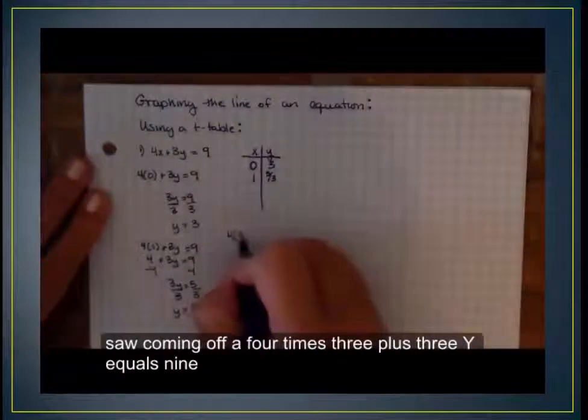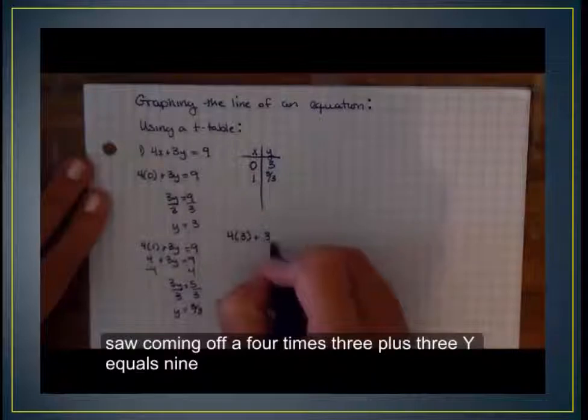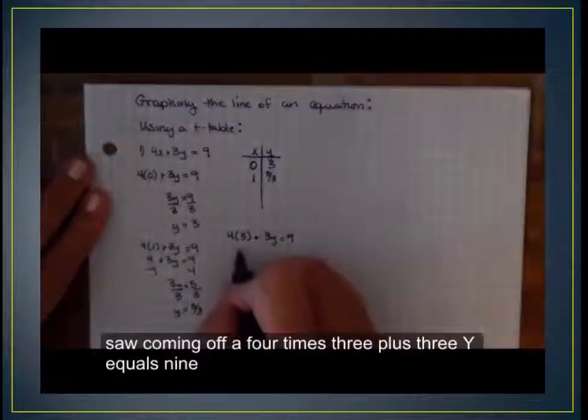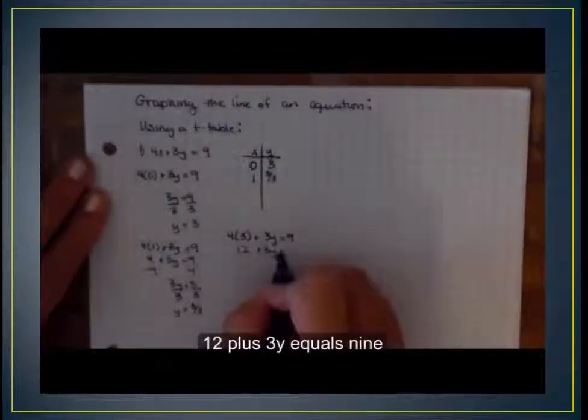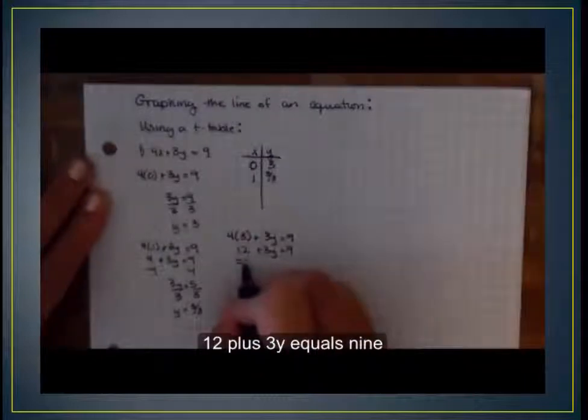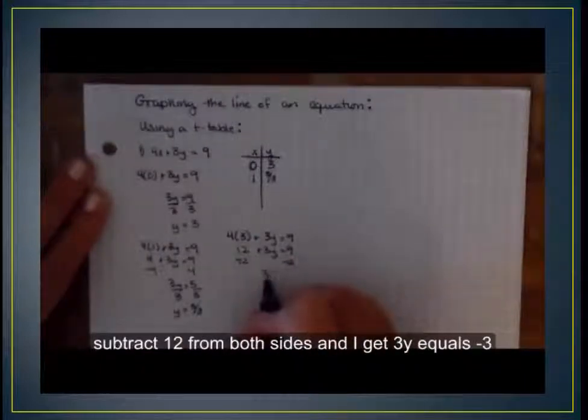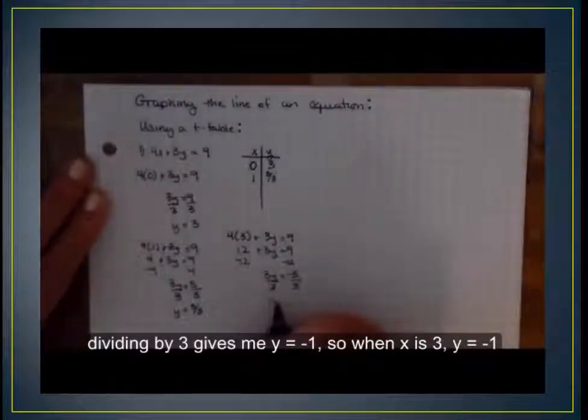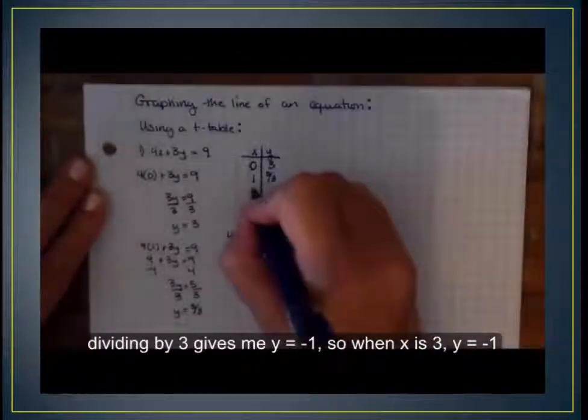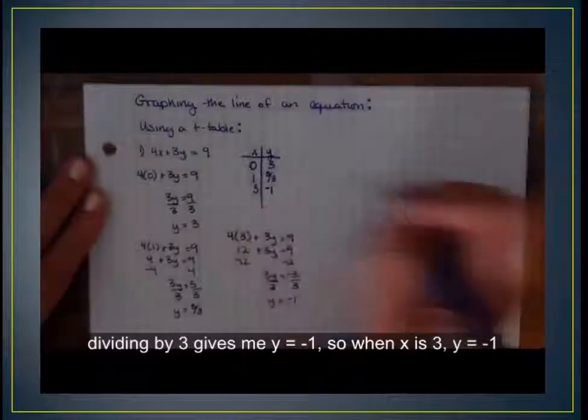So I'll come in and I'll say 4 times 3 plus 3y equals 9. 12 plus 3y equals 9. Subtract 12 from both sides and I get 3y equals negative 3. Dividing by 3 gives me y equals negative 1. So when x is 3, y is negative 1.